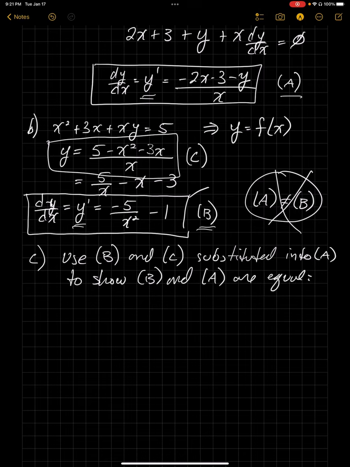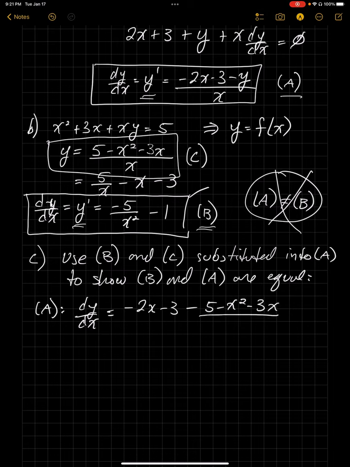Okay, so based on expression A, we have that dy by dx, I prefer Leibniz notation, is equal to negative 2x minus 3 minus y, so this is where we'll substitute expression C into A, where y is equal to 5 minus x squared minus 3x all over x.